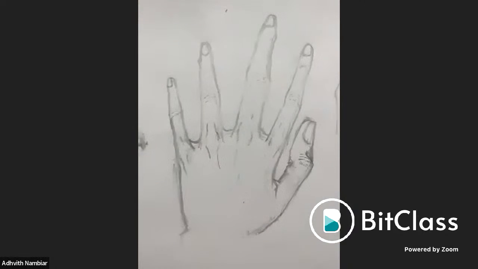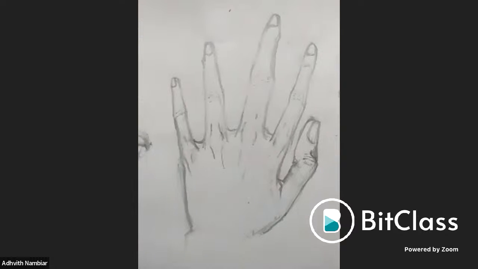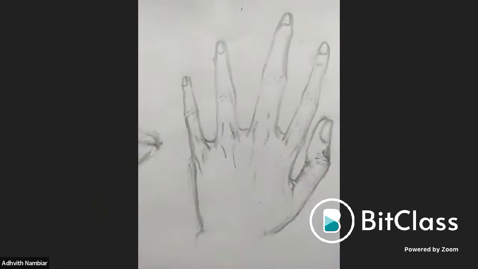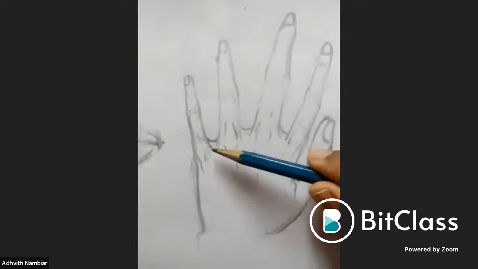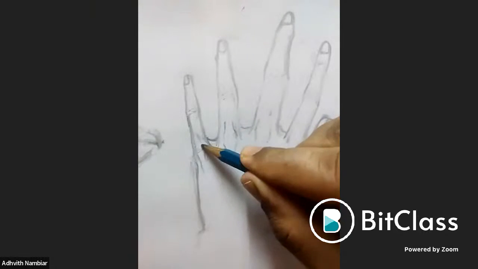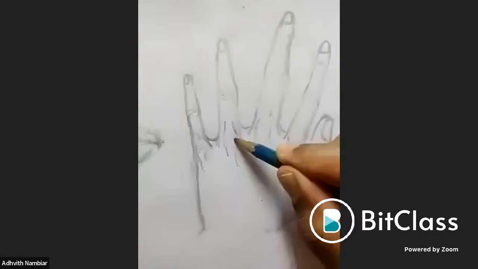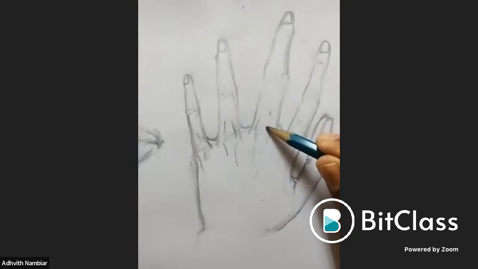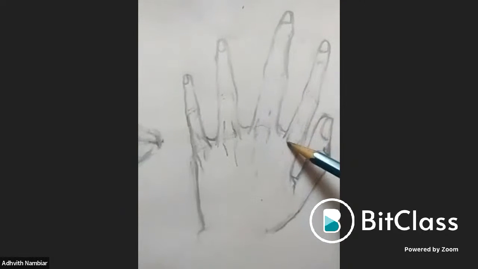And now finally, what we can do is just put a little bit of shading. And the shading we'll put only in the points which are lower. So the tops of the knuckles obviously won't have shade, right? But in between the fingers, definitely.